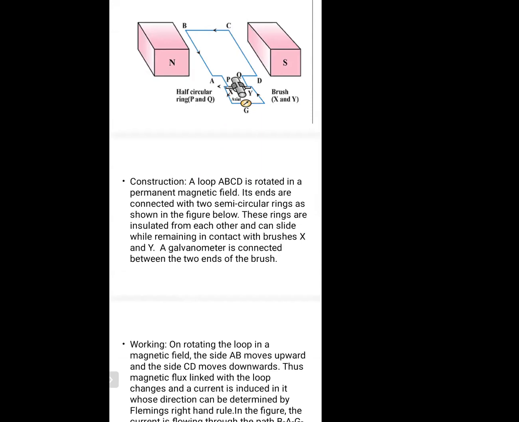When two magnets are kept there, it creates a magnetic field. Its ends are connected with two semicircular rings. These rings are insulated from each other and can slide while remaining in contact with the brushes X and Y.